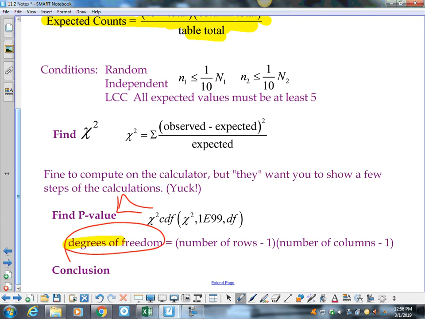And your degrees of freedom. Those are the big changes. Okay, and what is this called again? Good, a chi-squared test for homogeneity. When you're trying to think about it, it's are the two populations the same, homogeneous, or are they different?